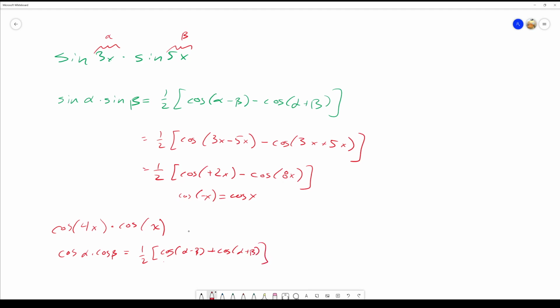So if I plug in here, 4x is alpha and x is beta, I'm going to get 1/2 of the cosine of 3x plus the cosine of 5x, like that.